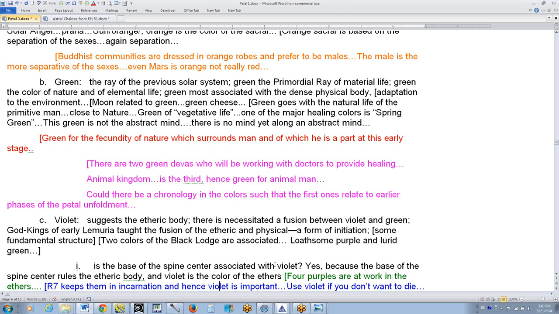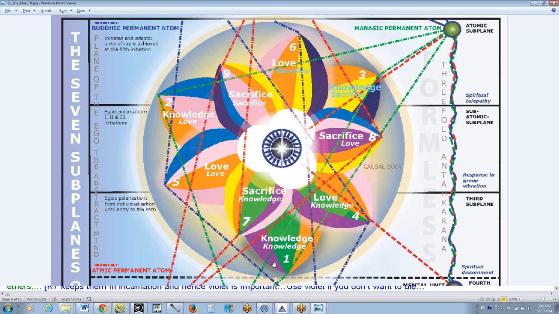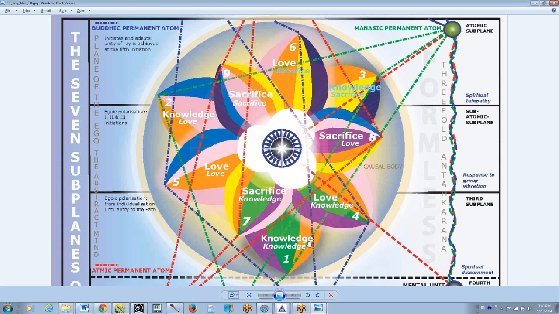Could there be a chronology in the colors such that the first ones relate to earlier phases of the petal unfoldment? I mean, I talked about that. Is it possible when you look at this that orange has to be considered first, then green, then violet? Whatever the leading color may be, consider it first and then the other. Like in this case, petal 7 or petal 4 even.